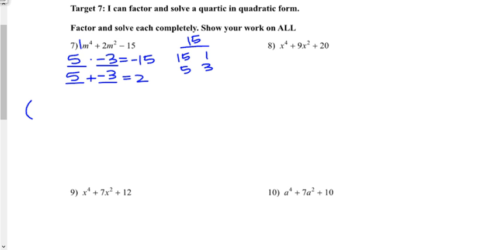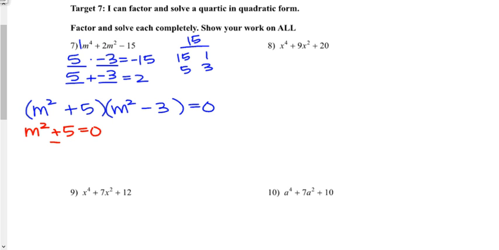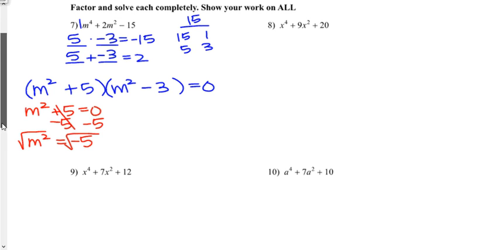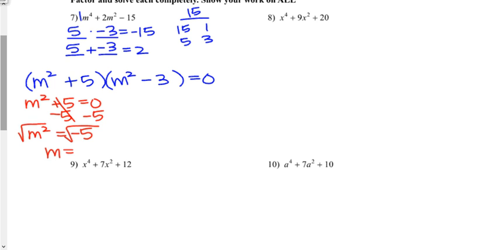So when I move down here to this step, don't forget this has to be m squared. I'm going to do plus 5 and minus 3. Now I'll go ahead and move on to solving. M squared plus 5 equals 0. I subtract 5 from both sides. I get m squared equals negative 5, and then I take the square root of both sides to get me m equals plus or minus i root 5.